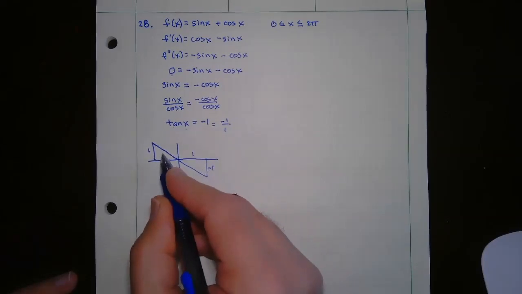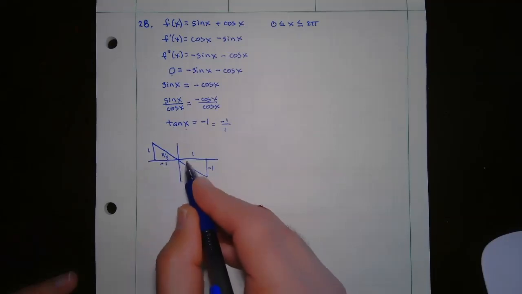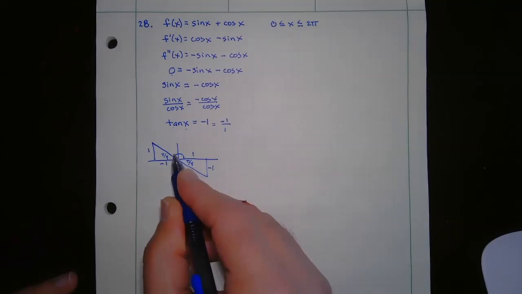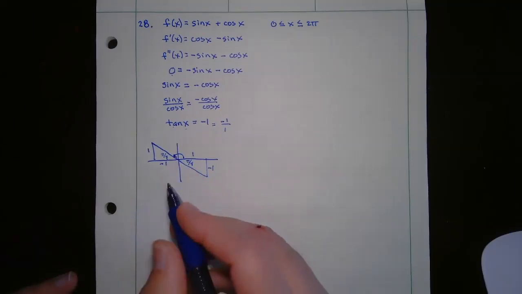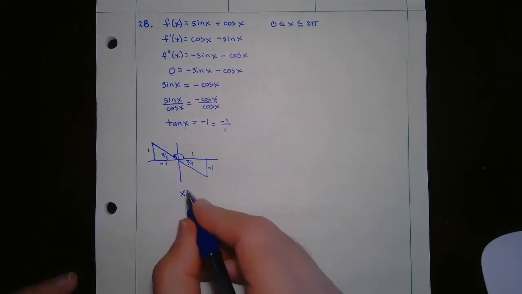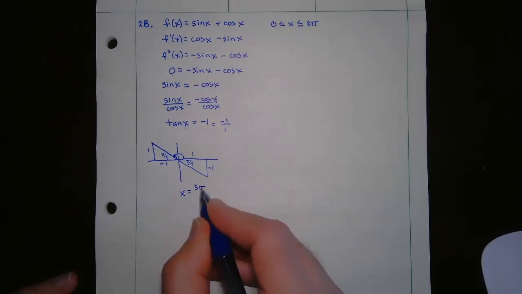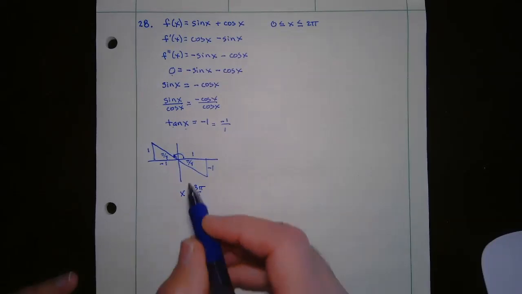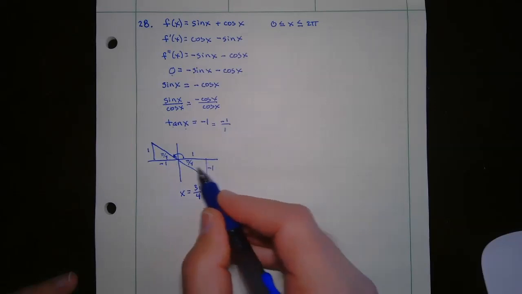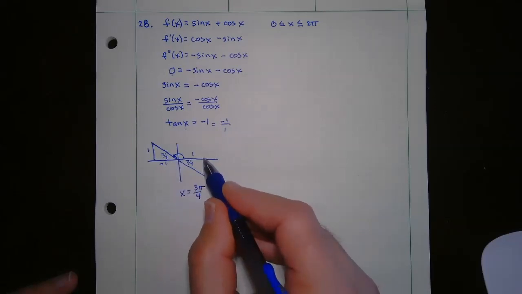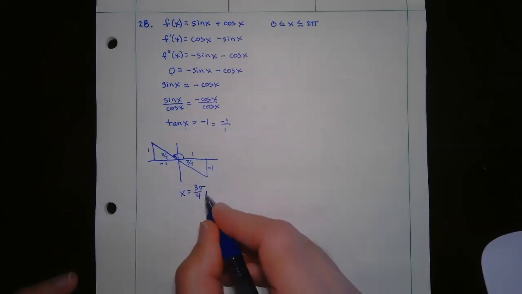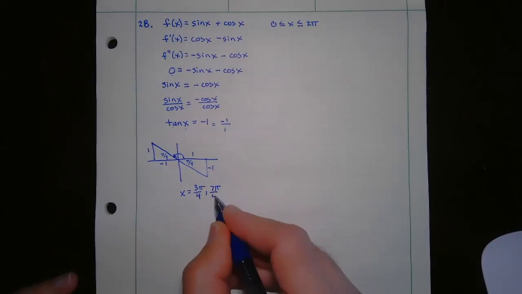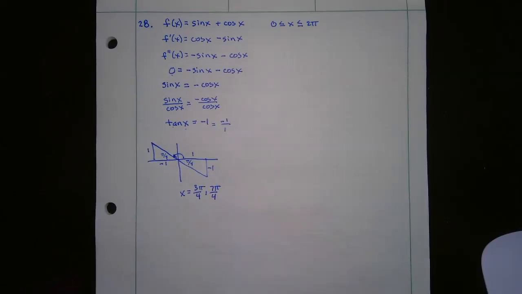So my reference angle is pi over 4, but my angle of rotation would be this one, which would be 3 pi over 4. So for this, x would equal 3 pi over 4. Or if we keep going all the way around to here, that'd be 8 pi over 4, so this would have to be 7 pi over 4. So this is going to happen at 3 pi over 4 and 7 pi over 4.